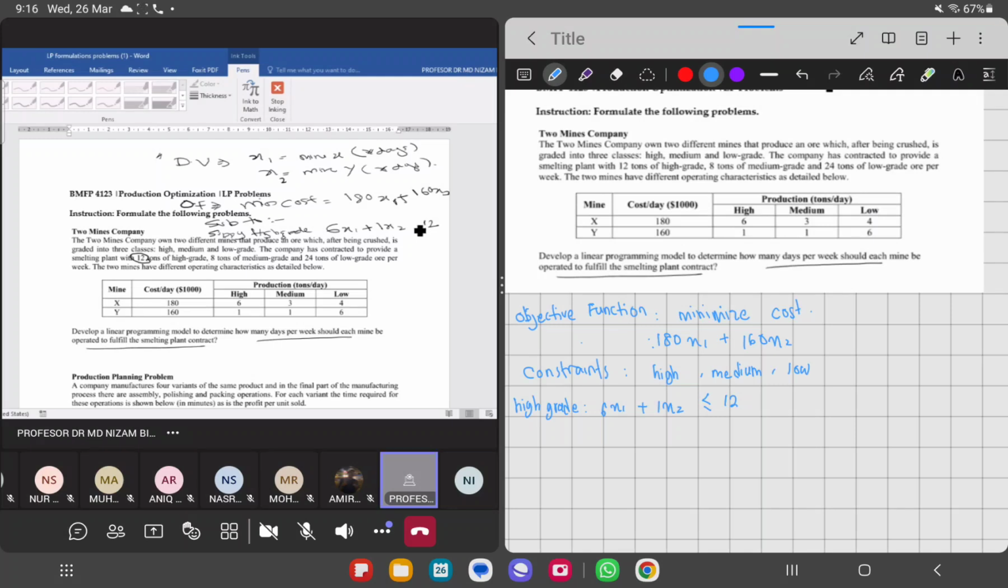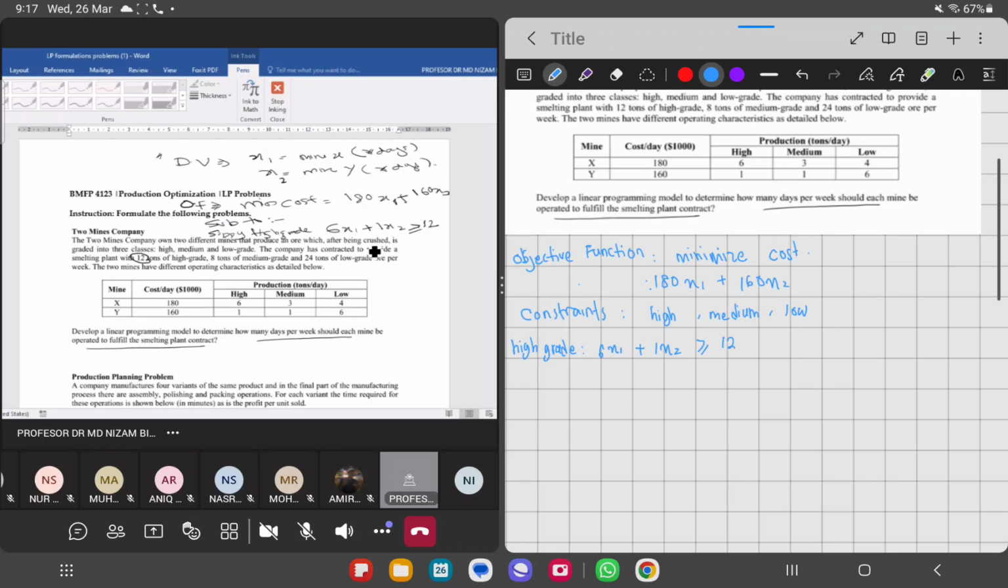If you produce 10 tons but you promise to supply 12 tons, would you be in trouble? Yes, right? So it should be greater than or equals to. At least I'm going to supply them 12 tons.